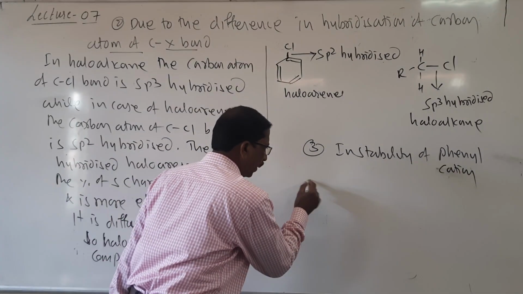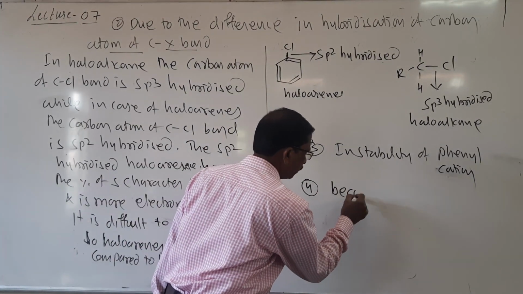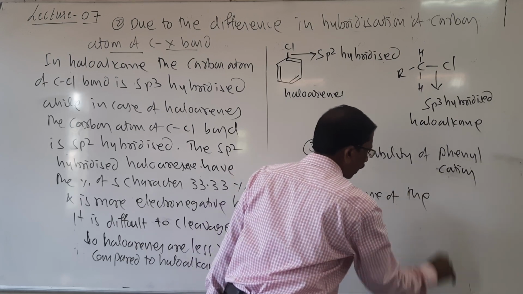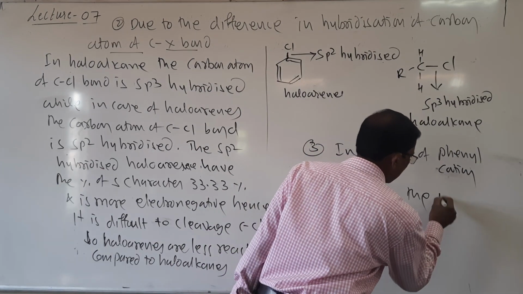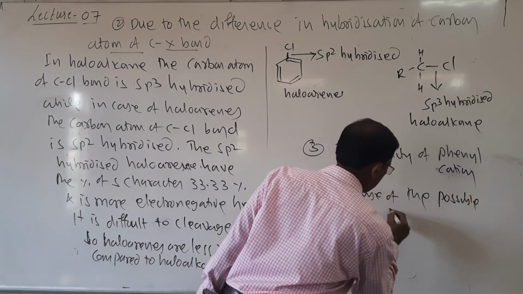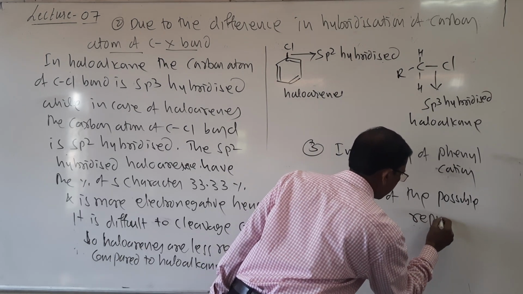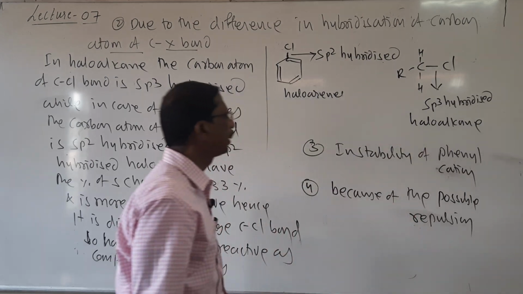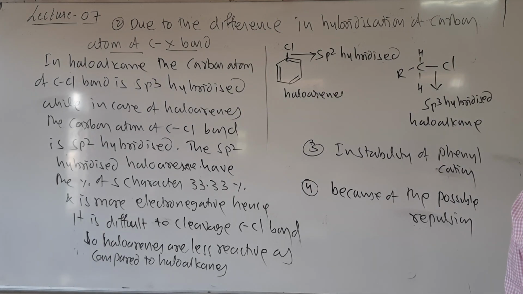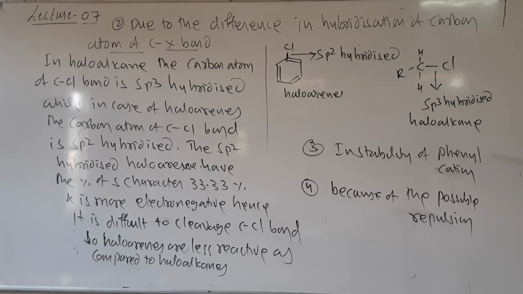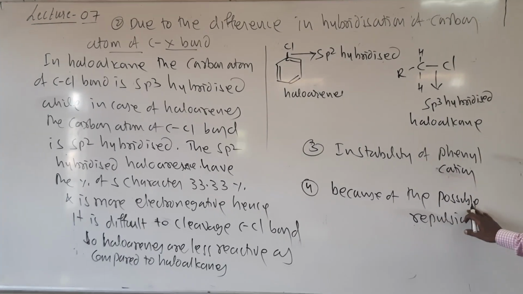So the fourth one, remember students, is because of the possible repulsion. So the first two reasons are very important ones. They may ask even often and often, that is the first two reasons, and the third and fourth are not important. That is the instability of phenyl cation and because of the possible repulsion.